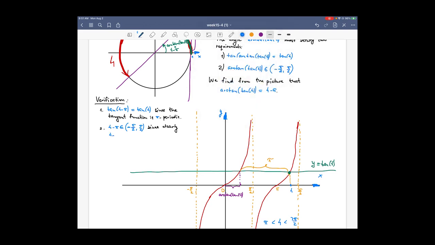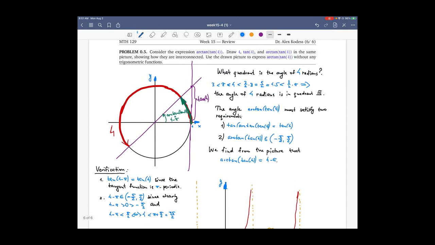So 4 minus pi is greater than 0 and therefore greater than negative pi over 2. And also 4 minus pi is less than pi over 2 because this is equivalent to 4 being less than pi plus pi over 2, which is 3 pi over 2. And that we know to be true. That we already explained above.